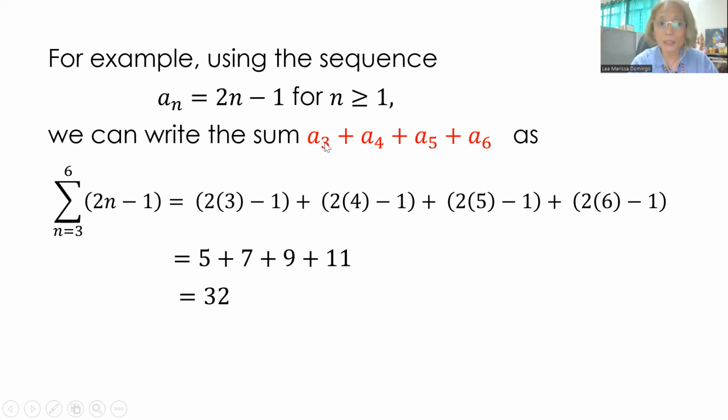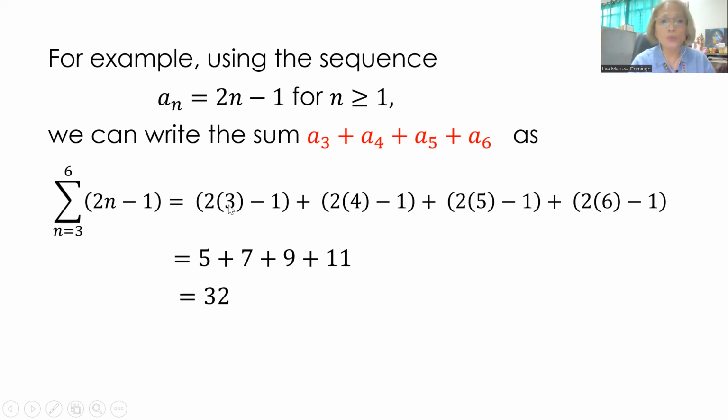Yung start natin, 3. And up to 6, no? So, yung 6, yun yung last term natin. So, paano siya ginagawa? We just have to substitute these values, no? From 3 to 6 to our n in the expression. Okay? So, yung mga n na to, papalitan natin ng numbers from 3 to 6. And then, we will solve accordingly.